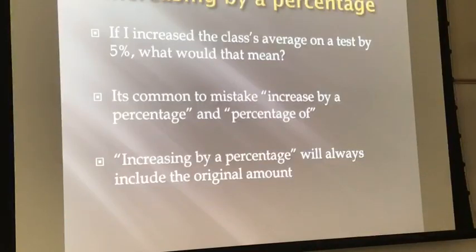Sometimes we'll have a tendency to confuse increase by a percentage with a percentage of. So okay, you scored 100 on the test, we'll make it easy. I said I'm going to increase by 5%. What's your new score? 105, right? So you increase by a percentage, you've got to add the original back in.